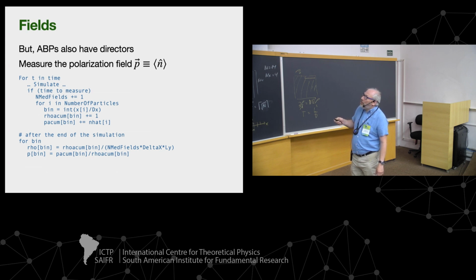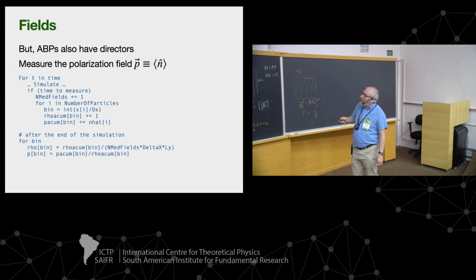For each particle, you get the bin where it's located, and then you accumulate the density, summing simply 1, because you count the number of particles, and you accumulate the polarization, simply adding the directors. And then the polarization field is going to be the accumulated polarization divided by the accumulated density. That's the definition of an average.